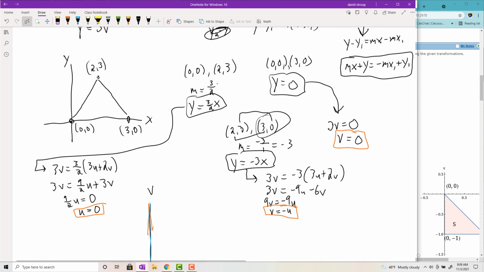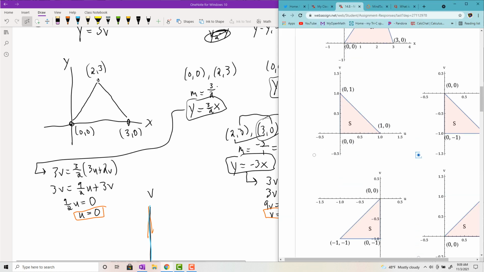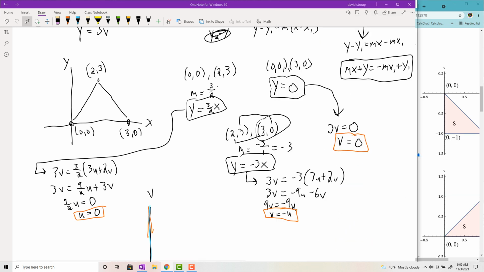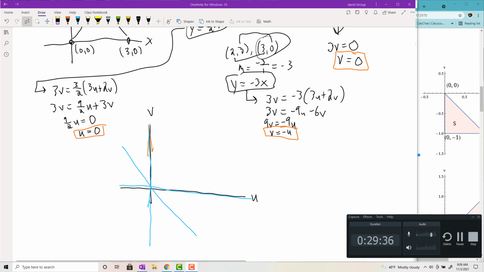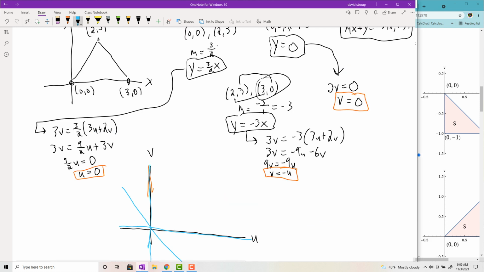So that's not going to work. I must have screwed up something, because that's not going to work. V equals negative u is this line, so I screwed something up. Let's see what I screwed up. Hold on. I see it. So no, I don't see it.